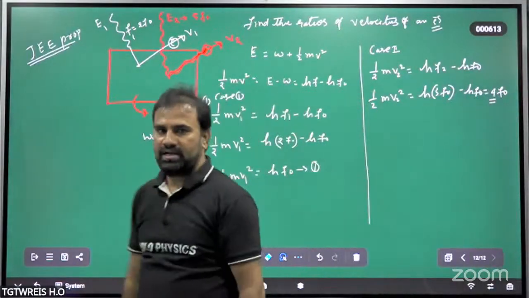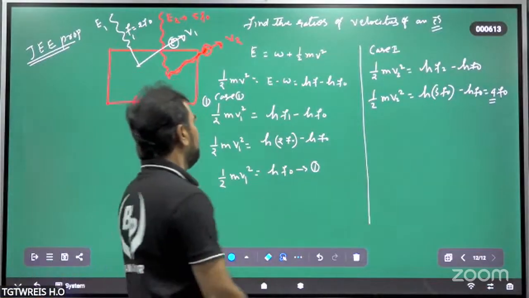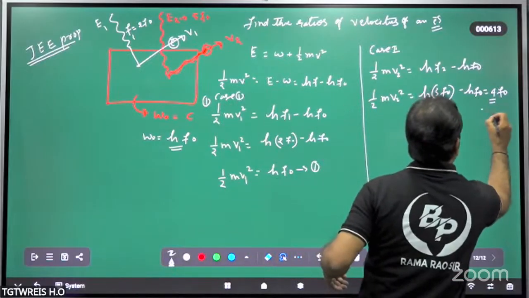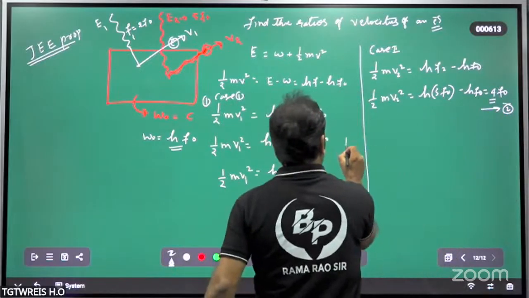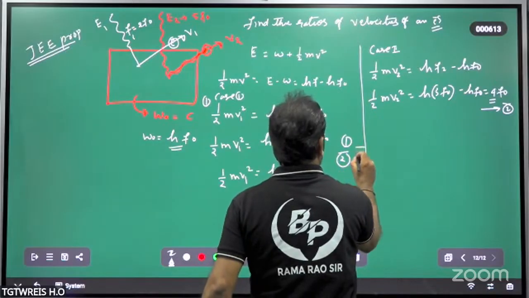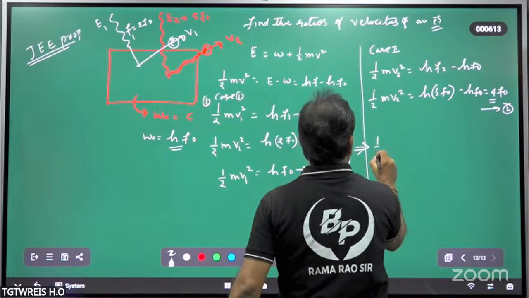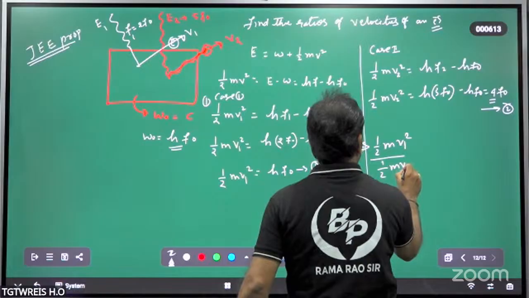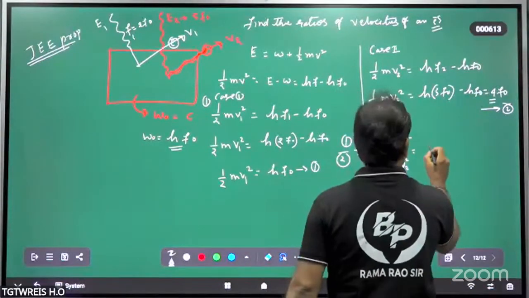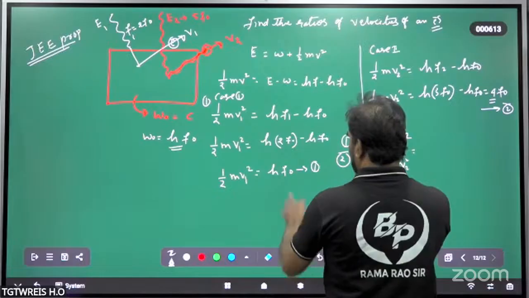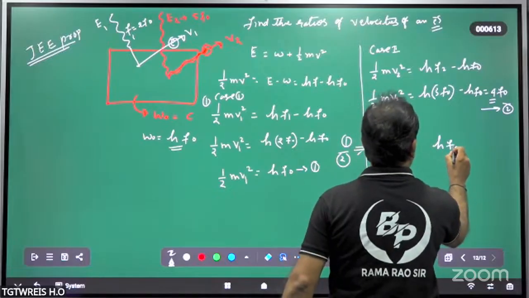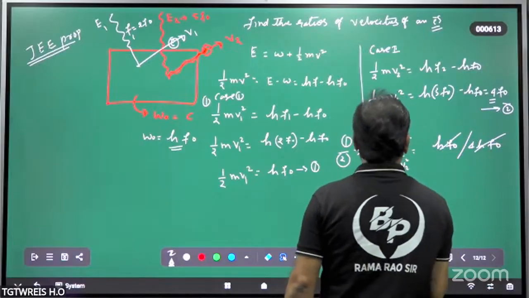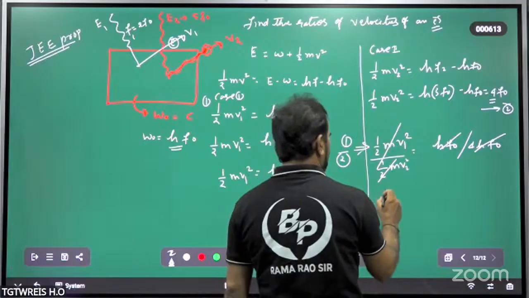What should we calculate? The ratio of their velocities. Let's take this as equation number 2. Equation 1 upon equation 2: half m v1 square upon half m v2 square is equal to hf naught upon 4hf naught. f naught and f naught get cancelled out, m by 2 gets cancelled out.